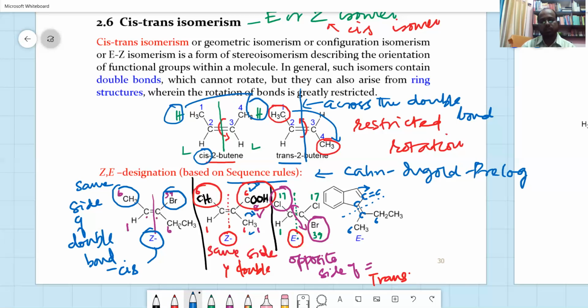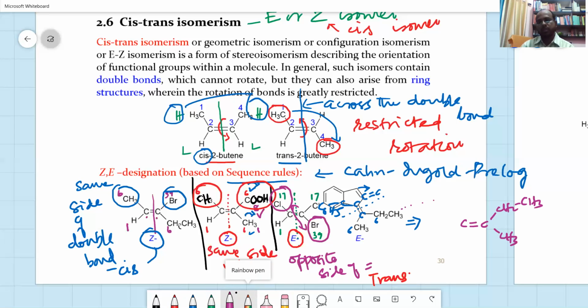Here you will have C6H5. So you can write this as C double bond C, CH3 at the bottom, CH2CH3 at the top.